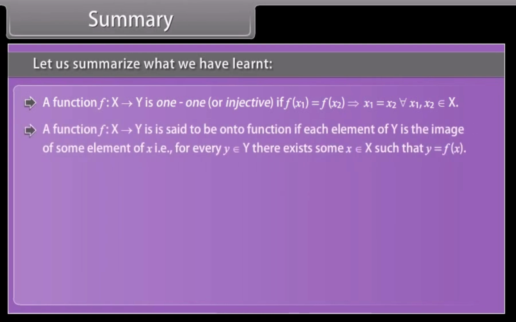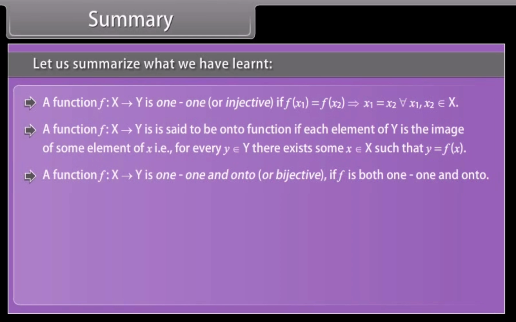A function f from X to Y is said to be onto function if each element of Y is the image of some element of X, that is, for every y belongs to Y, there exists some x belongs to X such that y is equal to f(x).